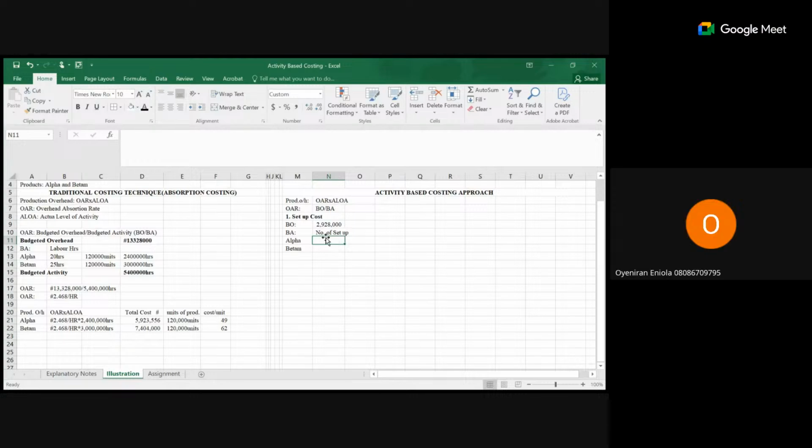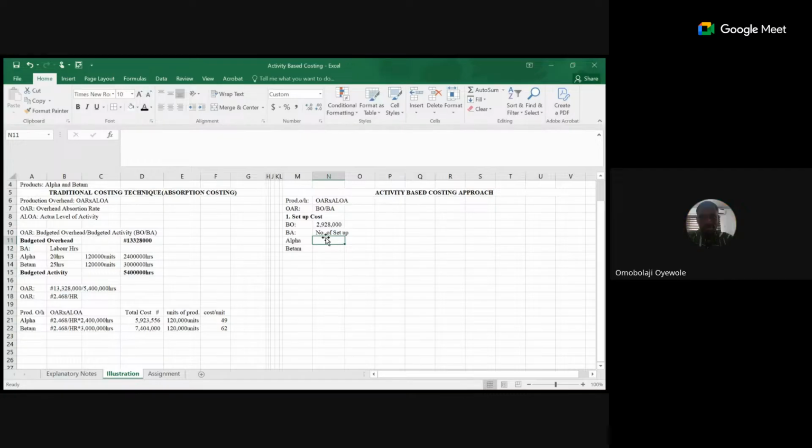Now we have the batch size in units. So for alpha, how many units do we have in a batch? 10,000. And for beta, how many units in a batch? 50. Sorry, it's 50, not 50,000.